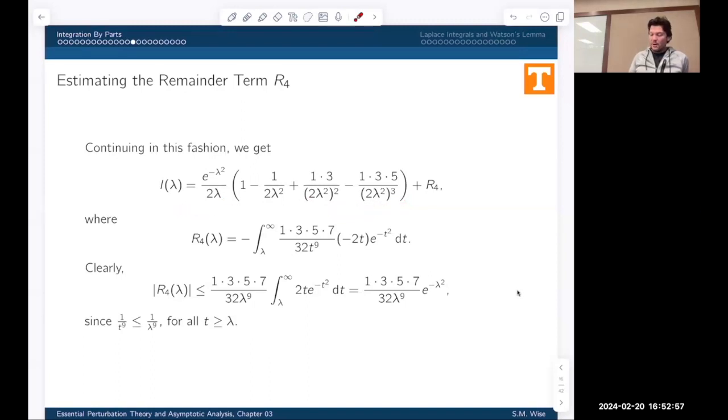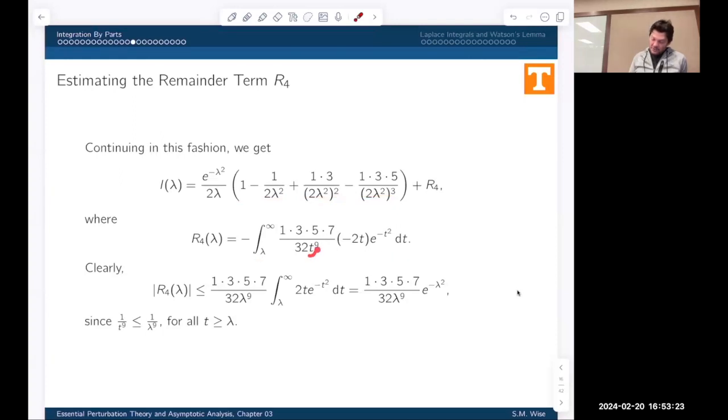So if that's true, all we want to show then is that this minus this is little o of the last term. But let's estimate the size of R4 before we think about that. How can we estimate the size of R4? Here's R4 if you believe it. So take absolute values, move the absolute values inside if you need to.